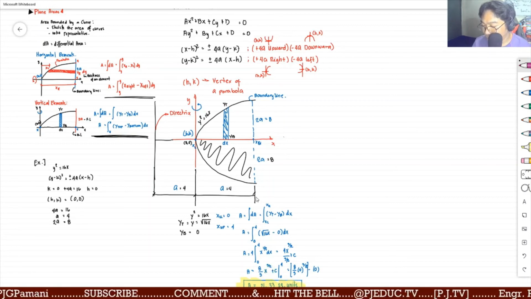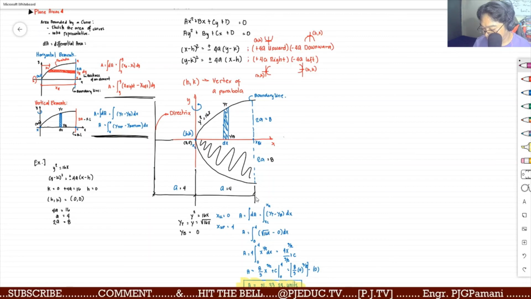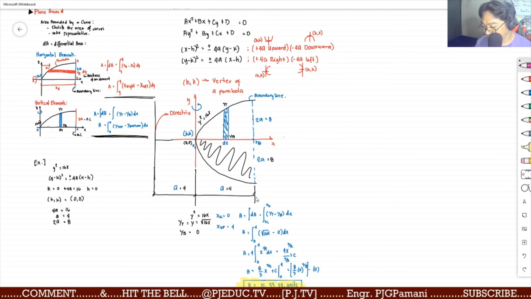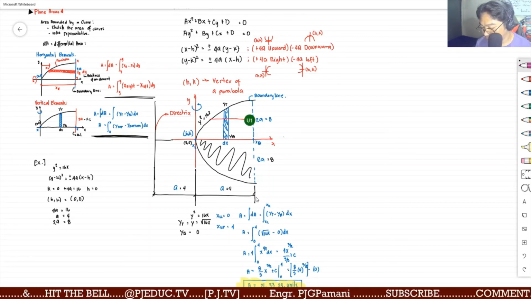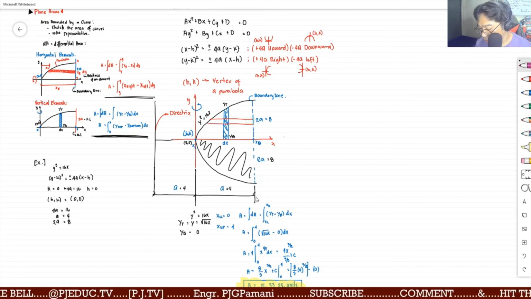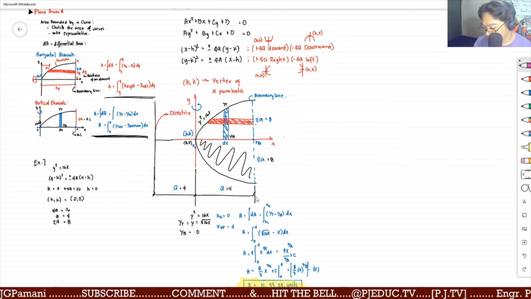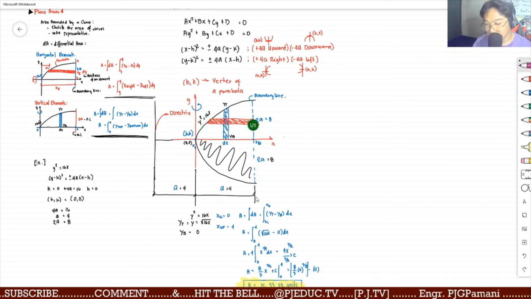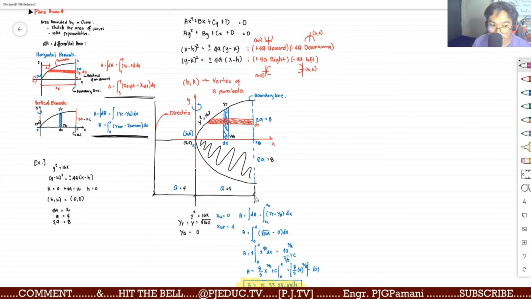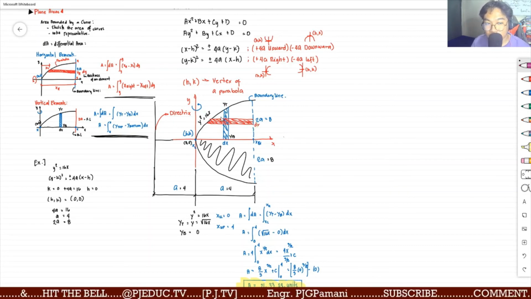How about if we're going to use a horizontal element? If it is a horizontal element, again, consider a horizontal strip on the curve. Ito yung horizontal strip natin. Such that the thickness of that strip is now the differential of y. Ano yung strip natin?